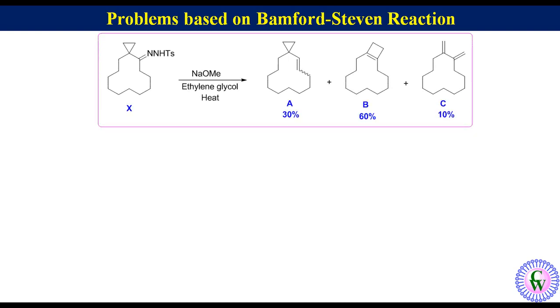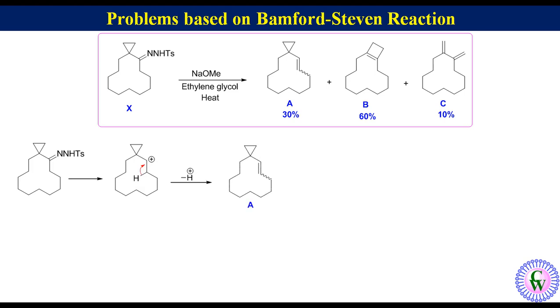In this problem, we have to draw the mechanism for the formation of three products A, B and C from tosylhydrazone X. Tosylhydrazone X under protic condition in the presence of base will generate this carbocation, which after deprotonation will give alkene A. The same carbocation intermediate can undergo ring expansion via 1,2 alkyl shift to generate another carbocation with fused bicyclic ring.